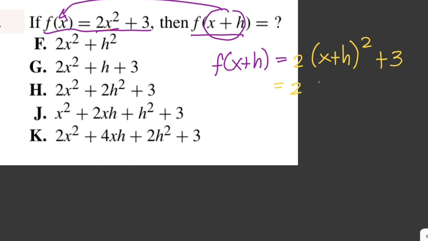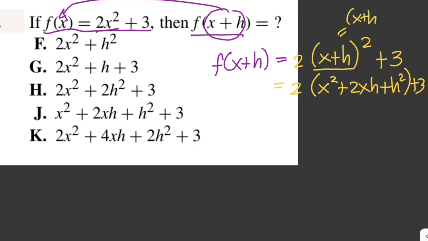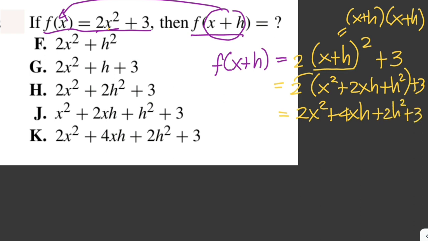This is just 2 times x squared plus 2xh plus h squared, plus 3. You can do the FOIL method here: x plus h times x plus h. Now distributing 2 to the expression inside the parentheses, this is just equal to 2x squared plus 4xh plus 2h squared plus 3.